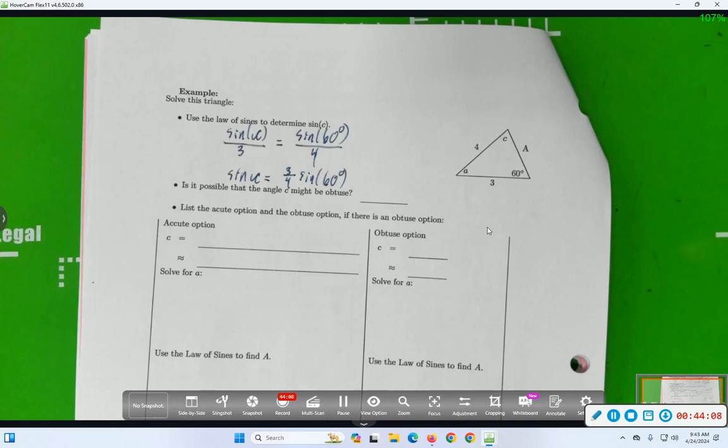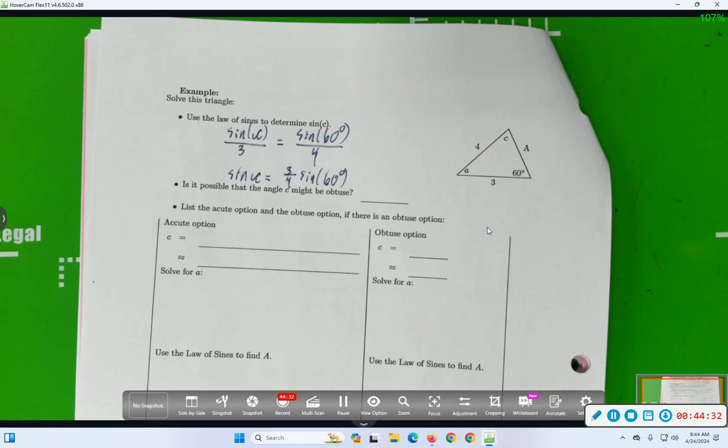And either by getting a decimal approximation or just by thinking about it for a second, is that going to be less than 1? Get a decimal approximation if you want. Cool.